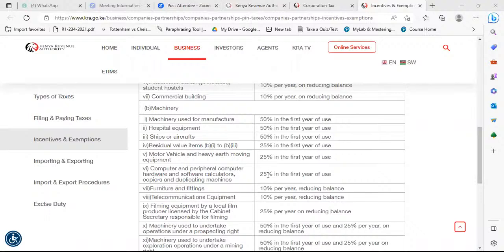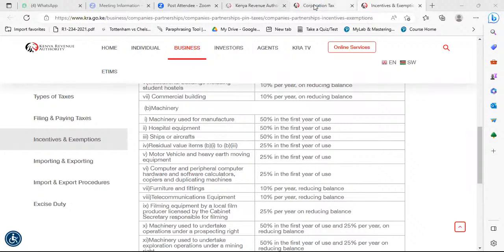The rate is 25% in the first year of use.